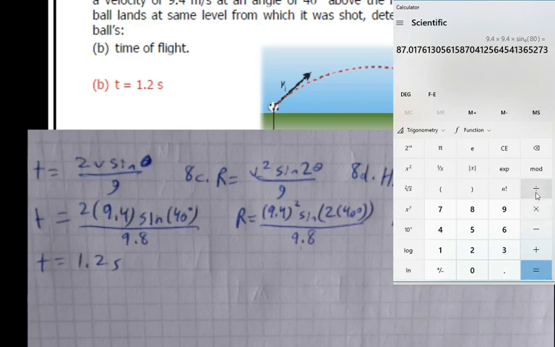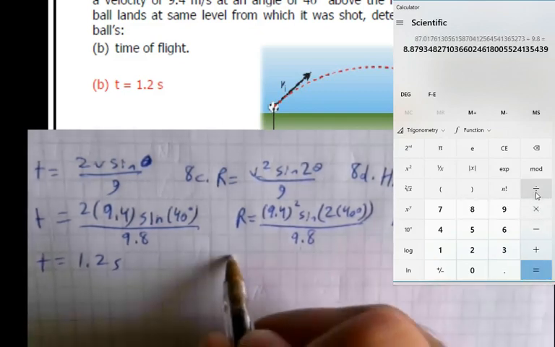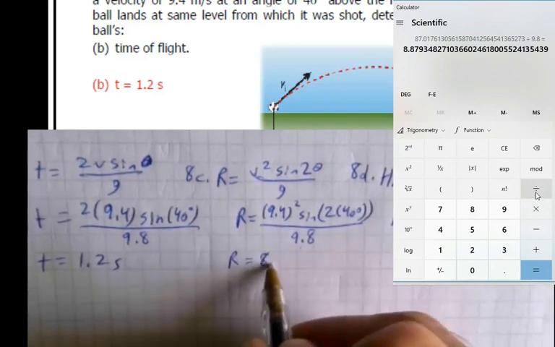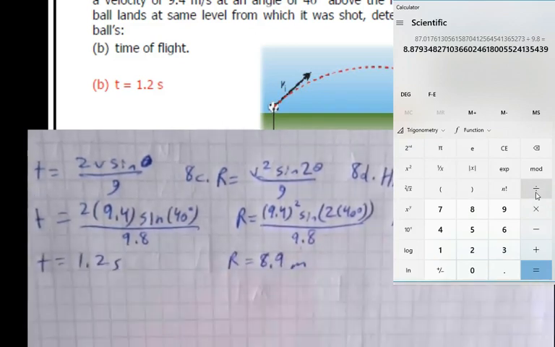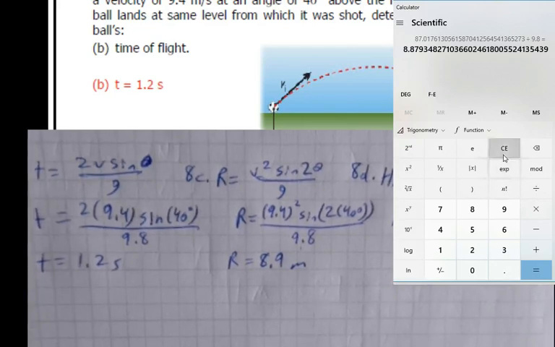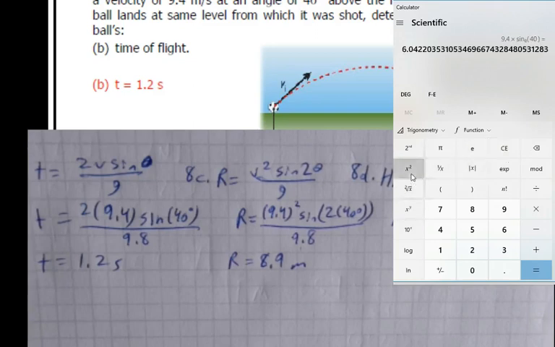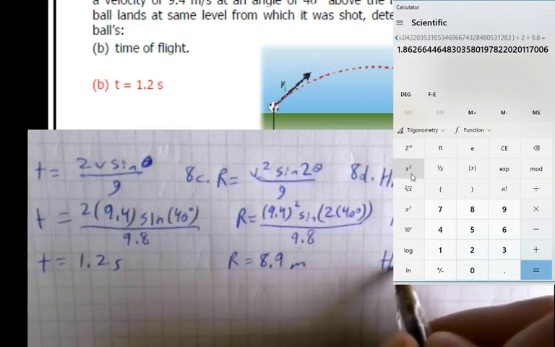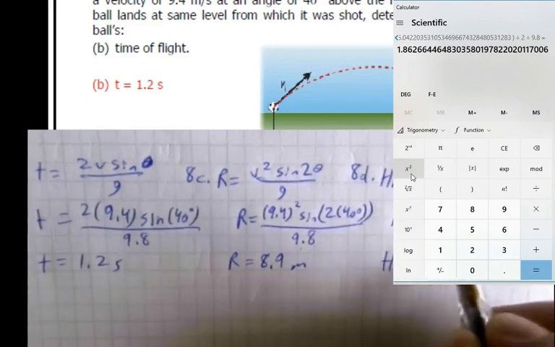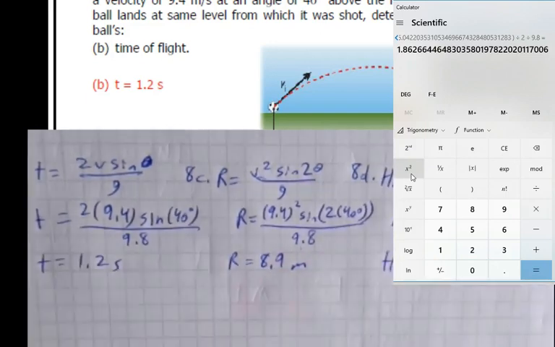And then I have to divide this by 9.8. My range is 8.9 meters. My h max, 9.4 times sine of 40. This value is squared, and again divided by 2 and divided by 9.8. H max is 1.9 meters.